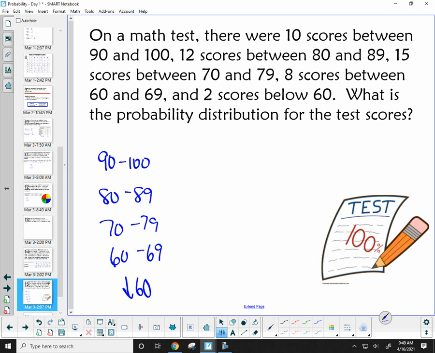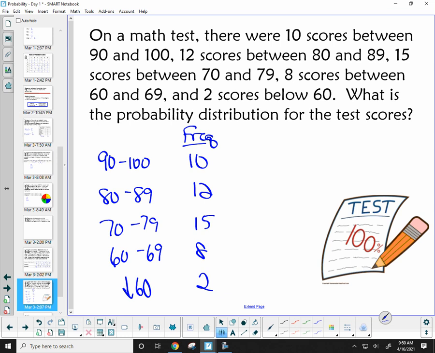All right, now let's look at our frequency. How often did it happen? How many do we have between 90 and 100? We had 10. Between 80 and 89, we had 12, then 15, 8, and 2. Now how many people took our test? 47.